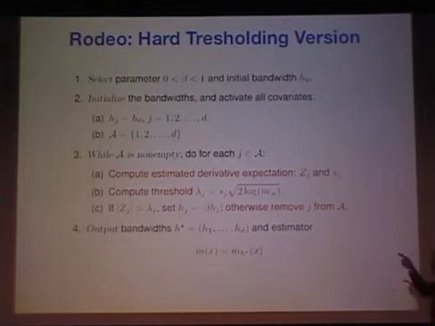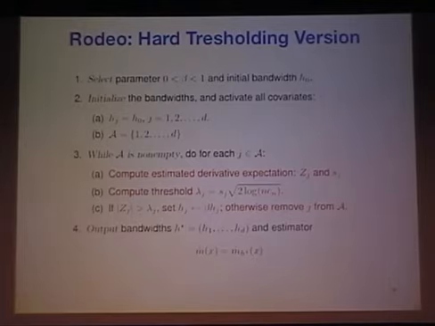Then we compute the estimated derivative, Z, and its standard deviation, s. And then we do a test. We compute a threshold, which is s times the square root of log n, basically. And if the derivative is above that threshold, that's evidence that it's a relevant variable, so we shrink its bandwidth. But if the derivative is below threshold, we freeze its bandwidth at the current level.